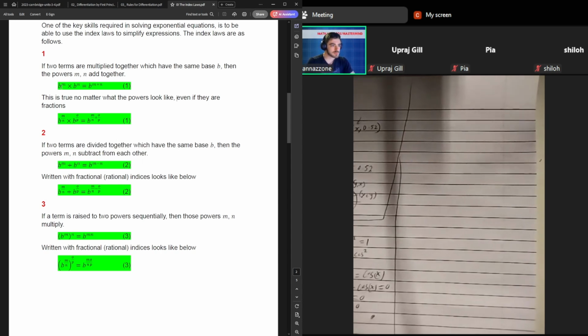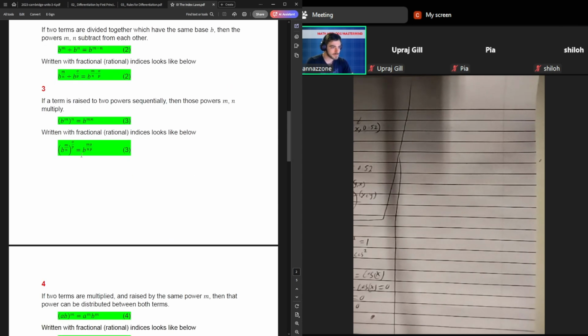In particular, if you're multiplying, you add the powers. Doesn't matter if they're fractions or not. If you're dividing, you subtract the powers. Again, it doesn't matter if they're fractions or not. If you have cascaded powers, so in this case a power of m and then on top of that a power of n, then that's when you multiply the powers together.